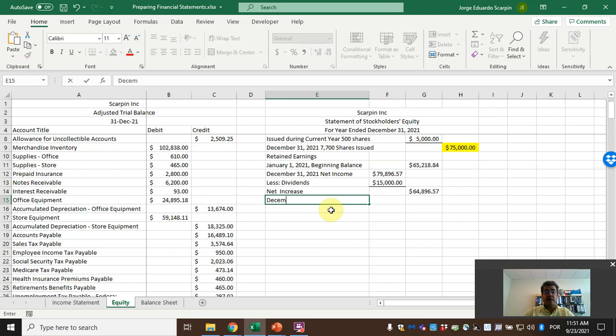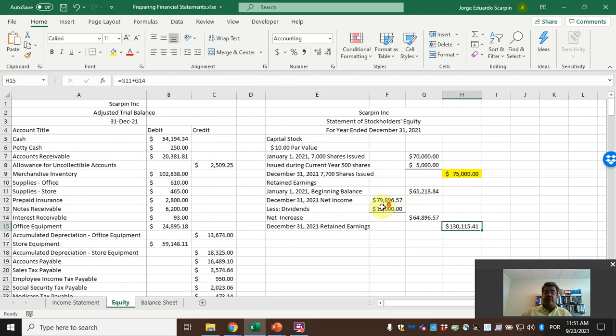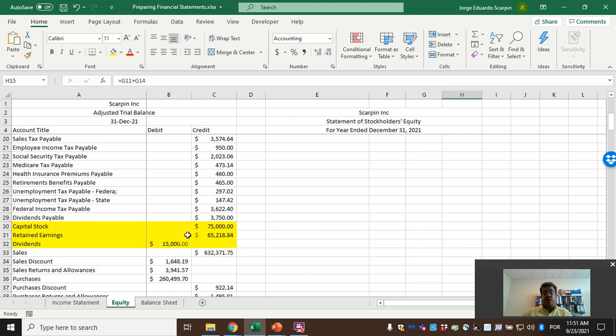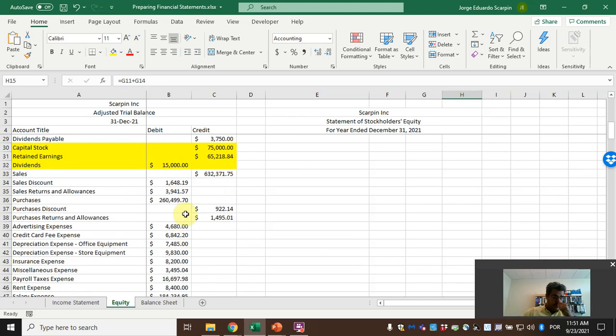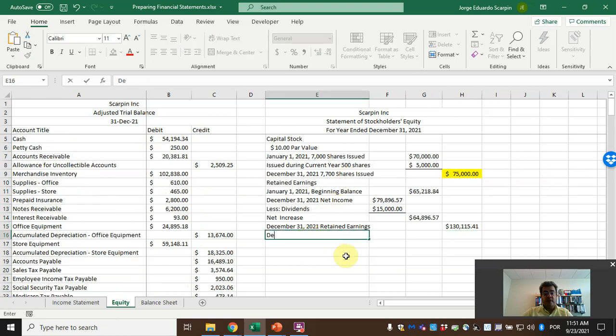So December 31st, 2021, retained earnings. That is the beginning balance plus the net increase of our net income. So 130, and these 130, we don't have them on the trial balance because we combine all of those accounts as well.